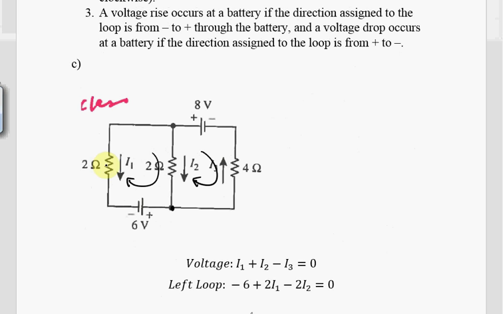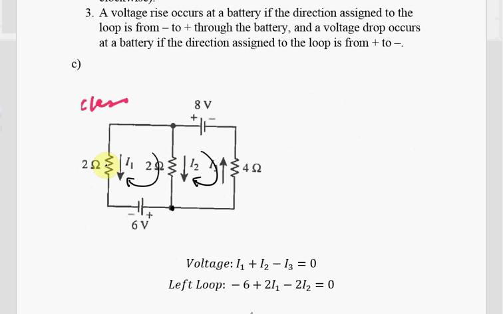In terms of whether it's a drop or a rise, we said that if the direction assigned to the loop is opposite of the direction assigned to the resistor, then here we have a voltage rise, right? Think resistors, think opposite is plus. Same is negative for a resistor. So that's why this is +2 I sub 1.